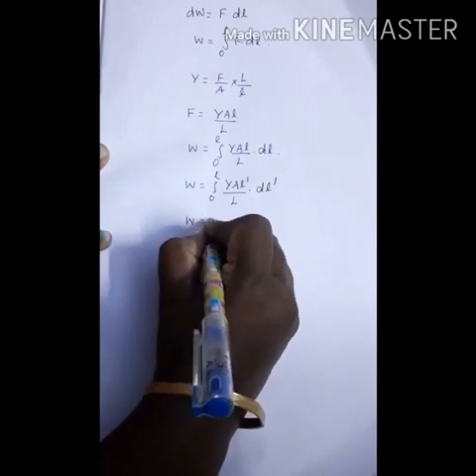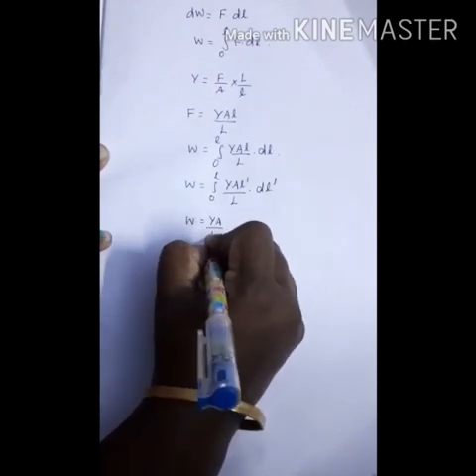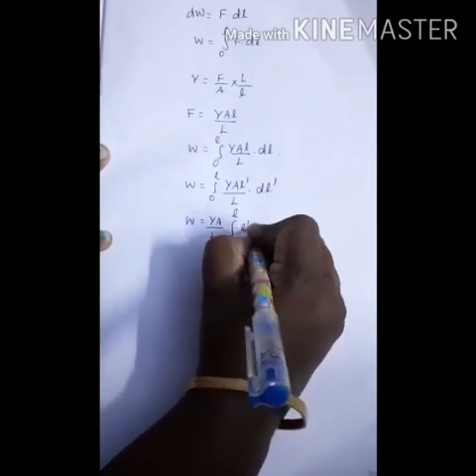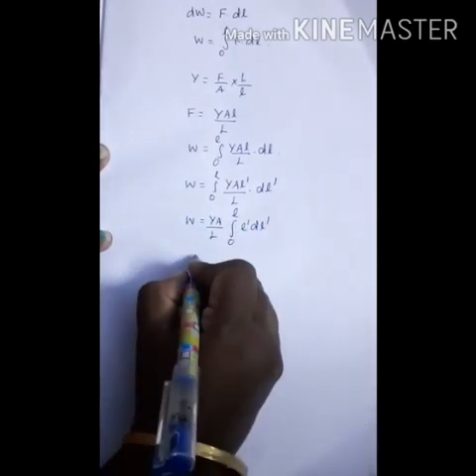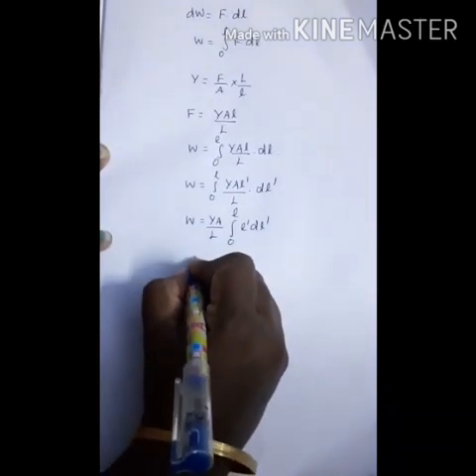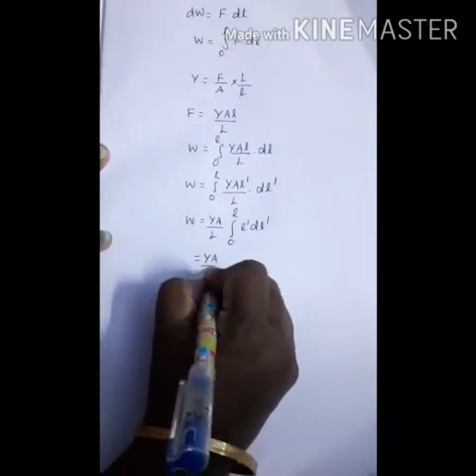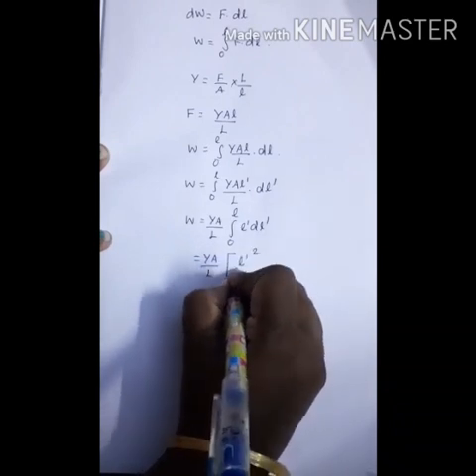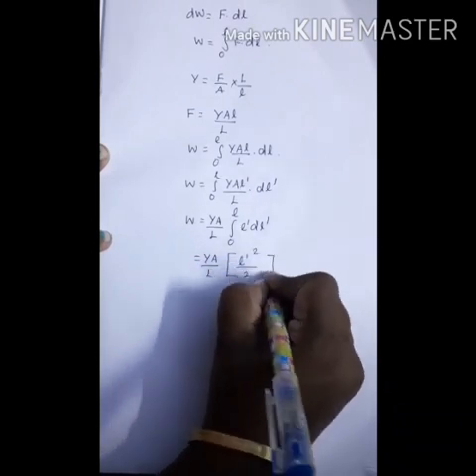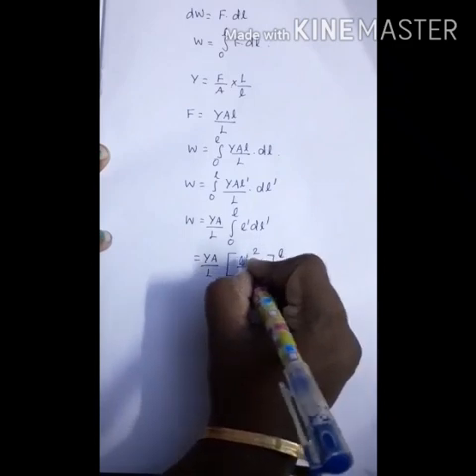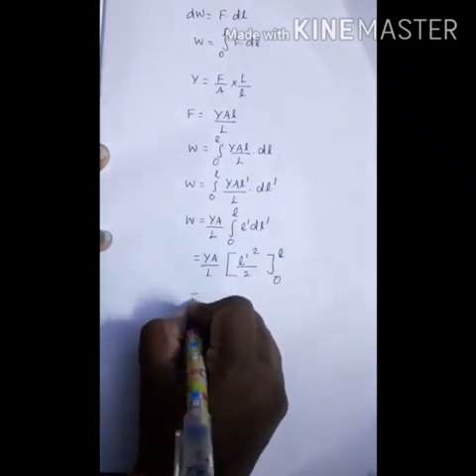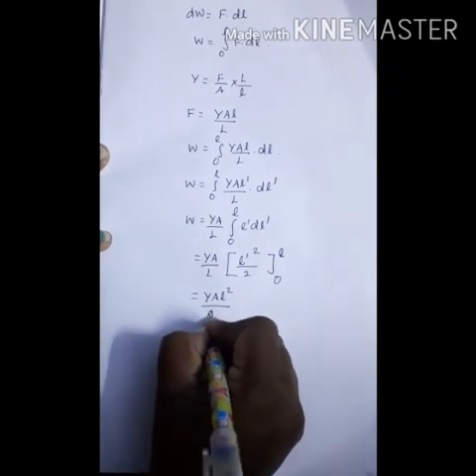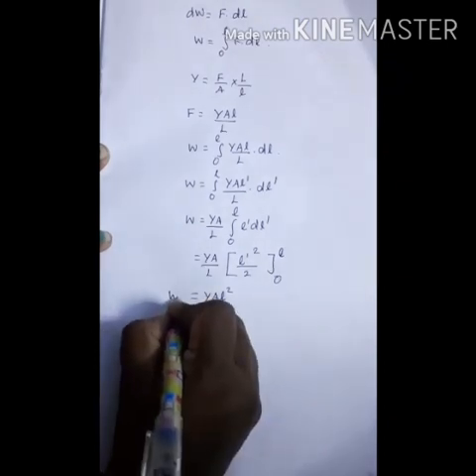Therefore, W is equal to YA by capital L, integral from 0 to l of l dash into dl dash. Integrating this equation, we find YA by L into l dash squared by 2, from 0 to l. Substituting the limit values in this equation, we get YA l squared by 2 into L. This is the work done.